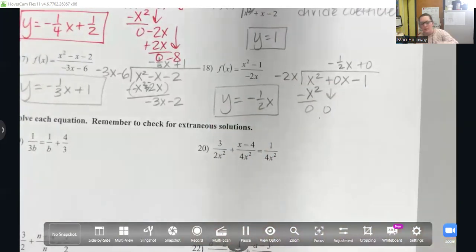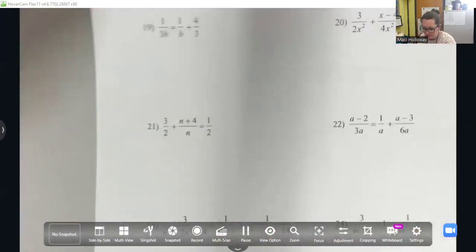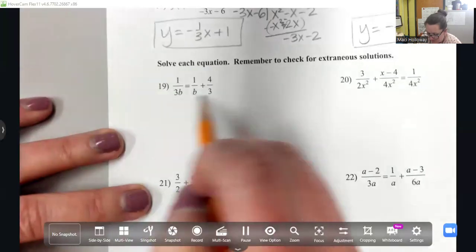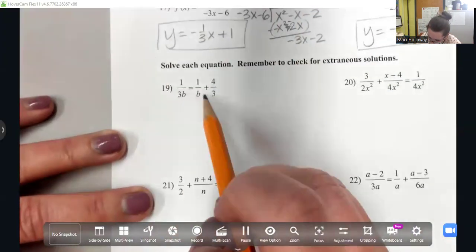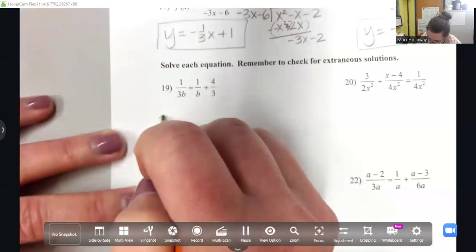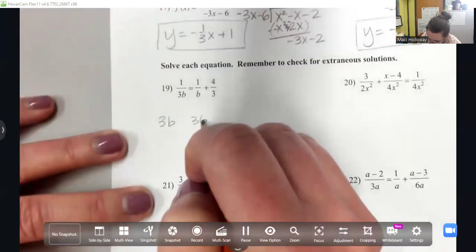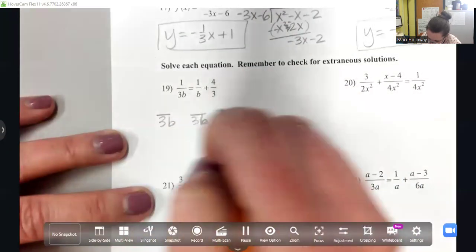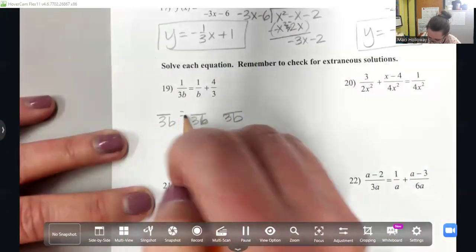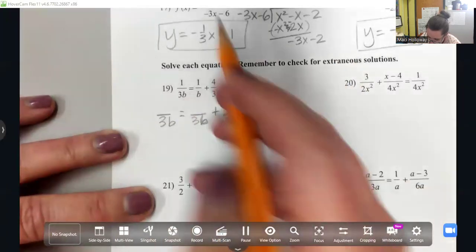All right, so next, let's solve each equation. Remember to check extraneous solutions. I'm going to find my common denominator first. My common denominator is what they have in common plus what they don't. It looks like 3b is my common denominator. So let's see how we can get there. That doesn't need anything.